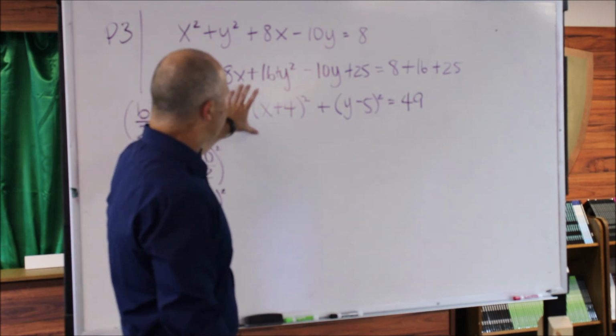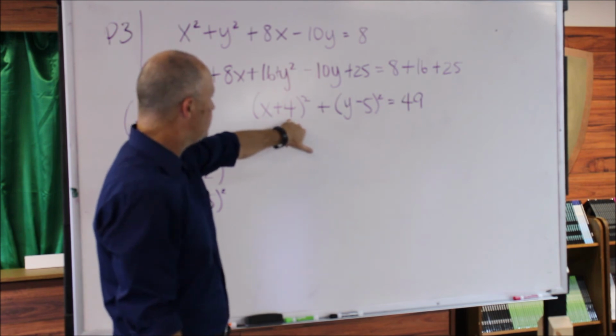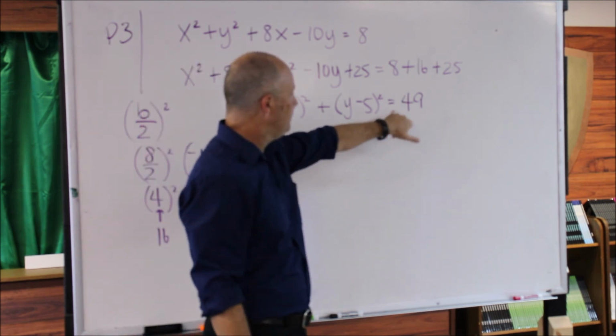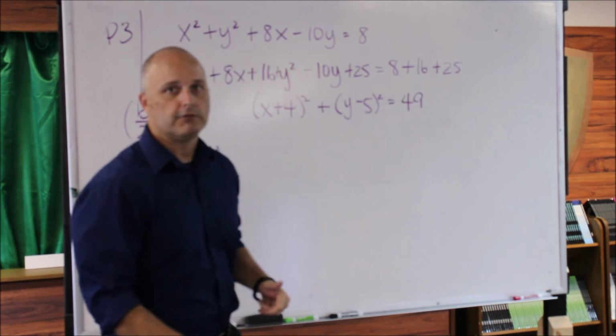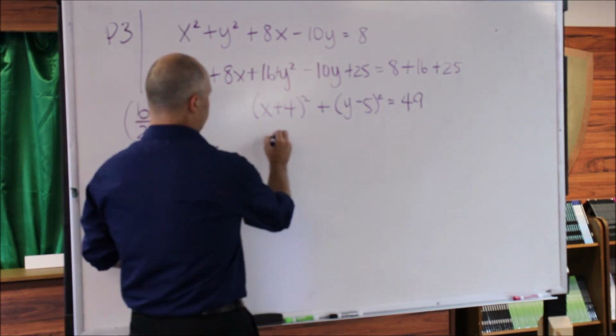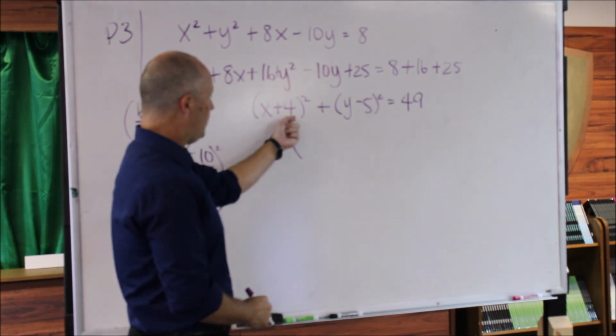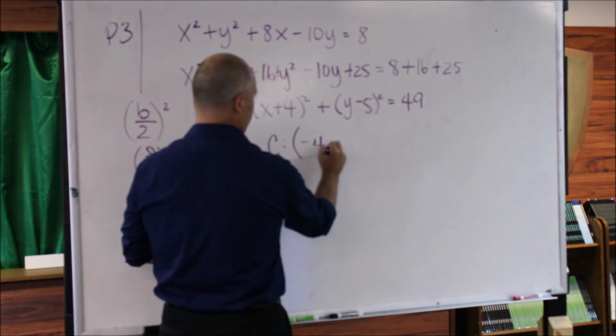So now we've got this written in our general form. We've got (x minus h) squared plus (y minus k) squared is equal to 49. So now all we've got to do is figure out what is the center and what is the radius. The center, again, is going to be the opposite of what we see. Since we see a positive 4, the center is going to be at negative 4.